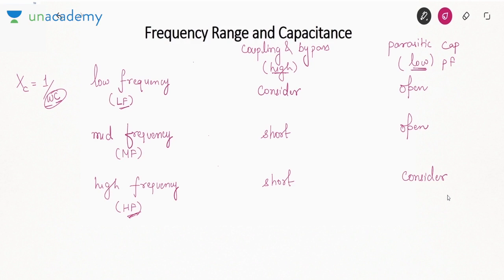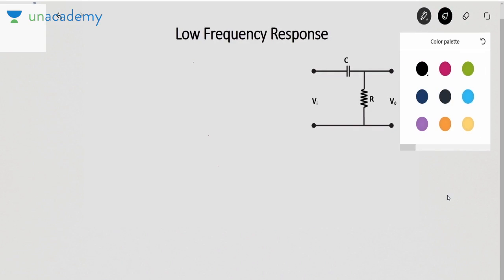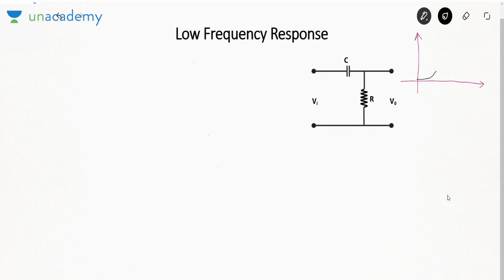Okay. So let us start. Now when we talk about the low frequency response, how was the low frequency response looking like? The low frequency response of BJT was something like this. If we only talk about low frequency, this was FL. It is similar to a high pass filter.